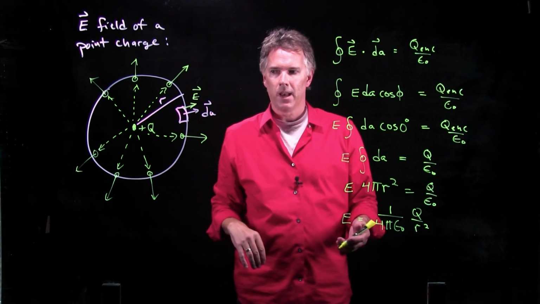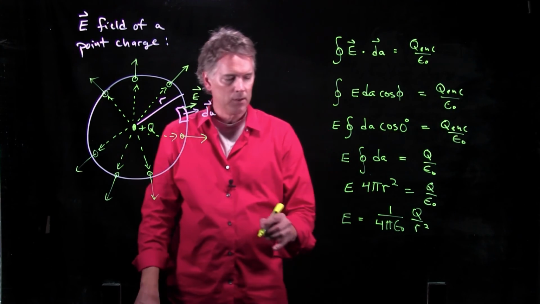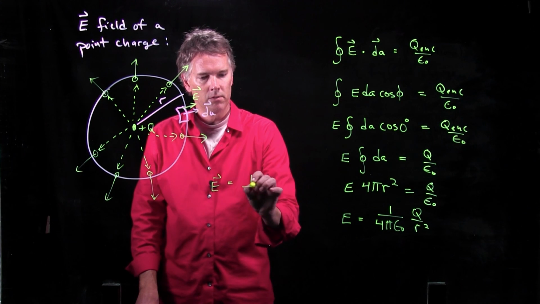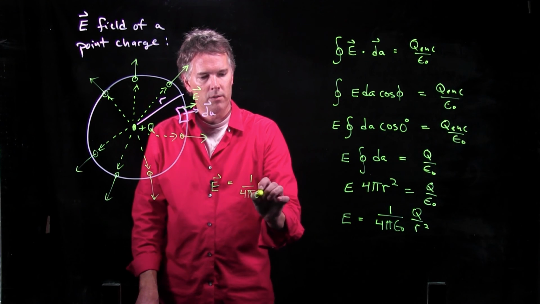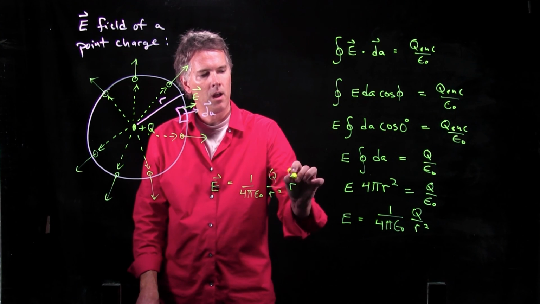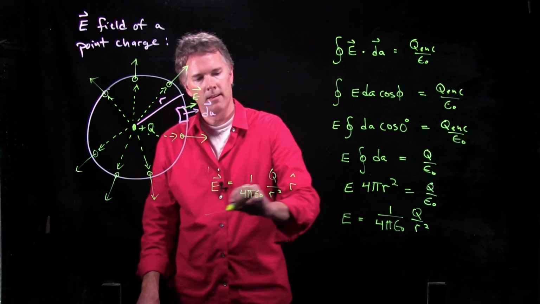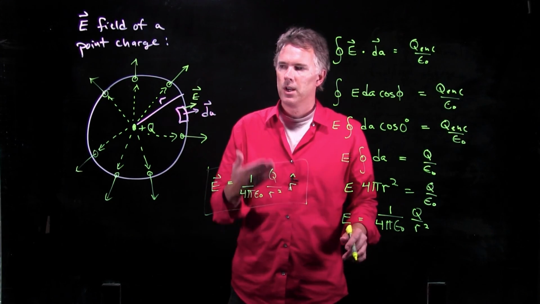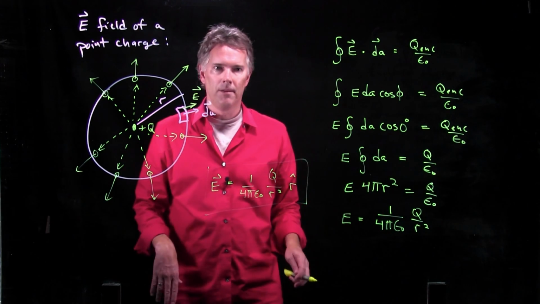In this case, we had a positive charge, and so we can get to our final result. You say E is 1 over 4 pi epsilon naught, q over r squared, r hat. Okay. Electric field of a point charge calculated using Gauss's law.